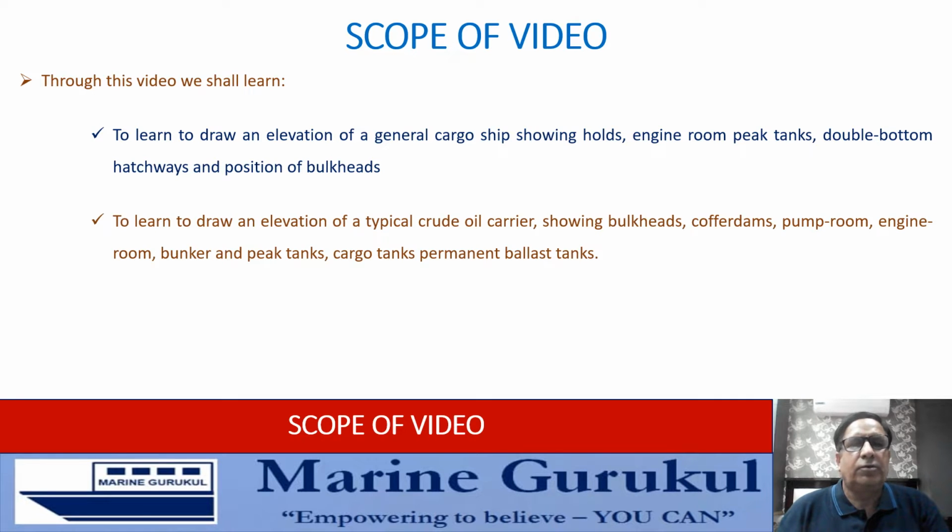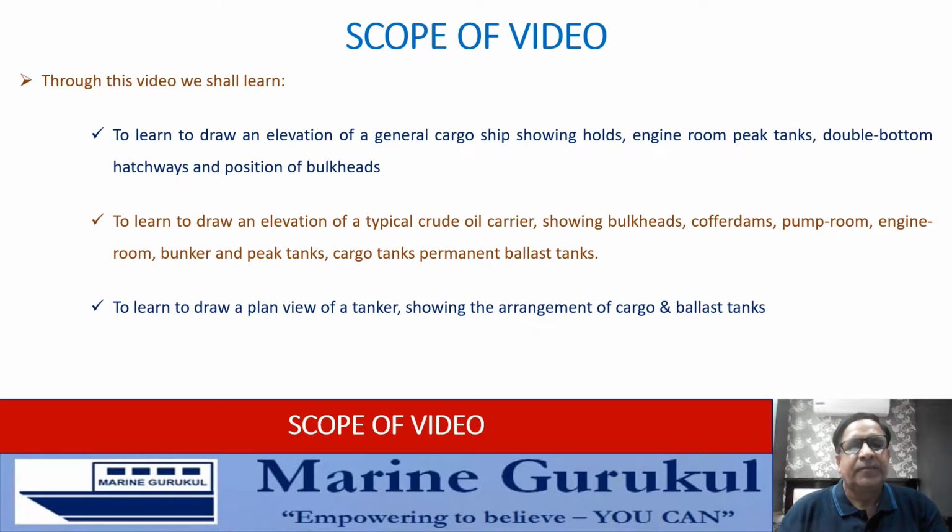We shall also learn to draw the elevation of a typical crude oil carrier, that's an oil tanker, showing bulkheads, cofferdams, pump room, engine room, bunker and peak tanks, cargo tanks, and permanent water ballast tanks or the segregated ballast tanks.